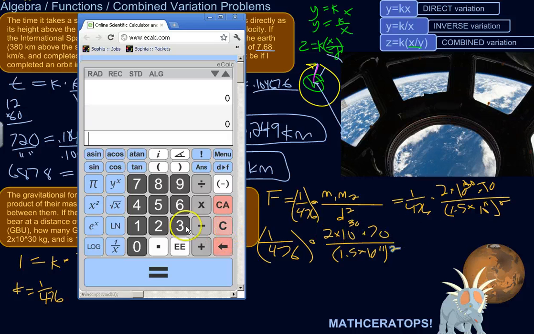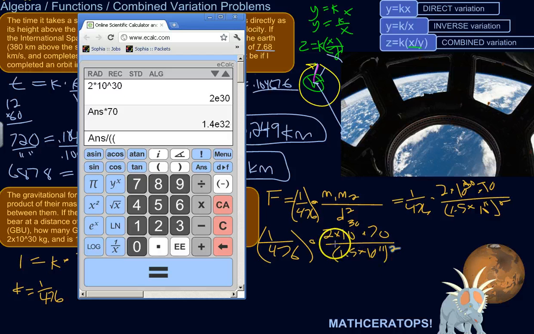So we've got 2 times 10 to the power of 30 times 70 divided by, I'm going to put this in parentheses, so this is divided by all this. Divided by, and I'm going to do parentheses again because I need to raise all this to the power of 2.